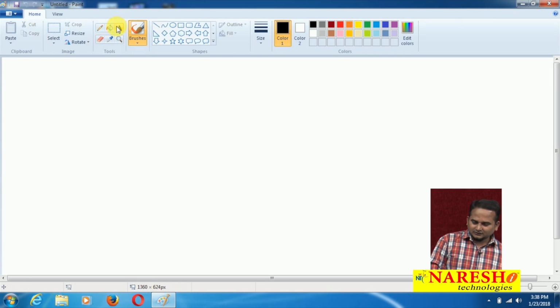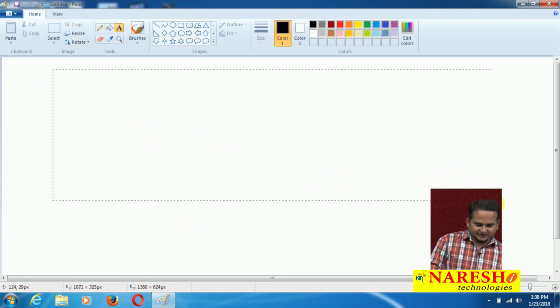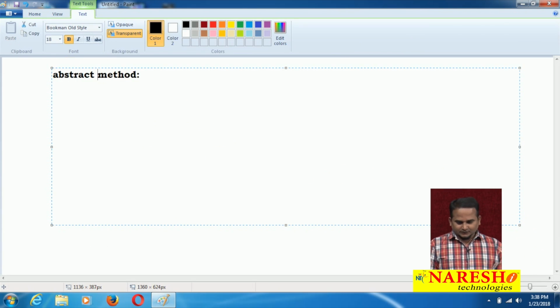So, here let me take one side heading: abstract method. The main intention of the abstract method is only one thing: providing specifications in Java. For what? For implementation purposes.